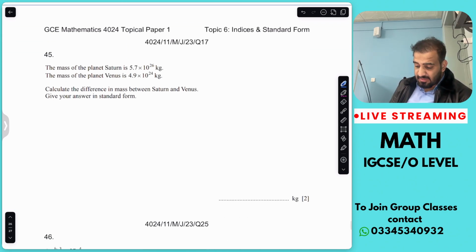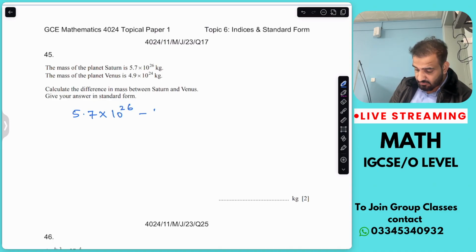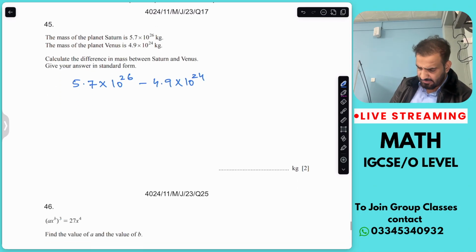The mass of the planet Saturn is this. The mass of the planet Venus is this. Calculate the difference in masses. So difference 5.7 cross 10 raised to power 26 minus 4.9 cross 10 raised to power 24.